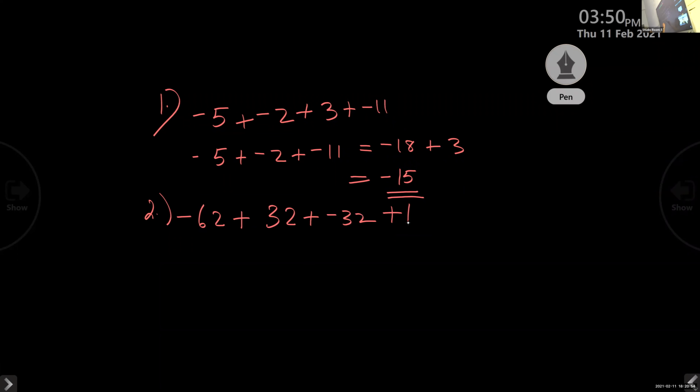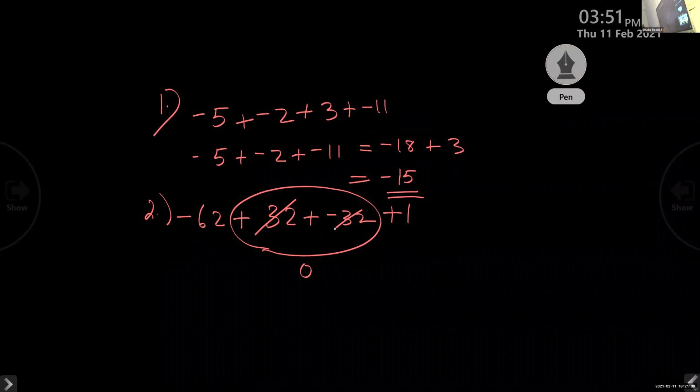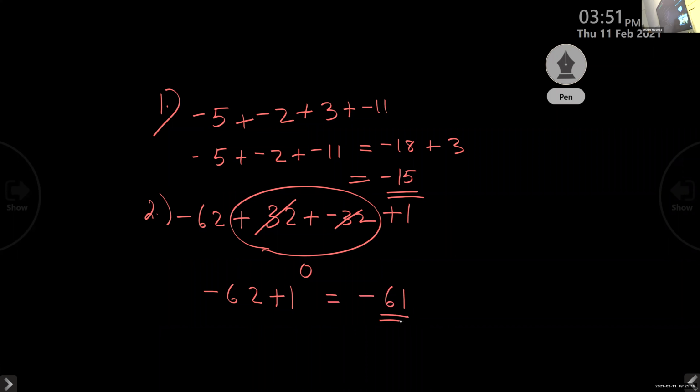Positive 32 and negative 32 are there, so the answer is 0. That gets cancelled. Then what is remaining? Negative 62 plus 1. The answer will be negative 61. Find the difference and put the sign of the greater number.